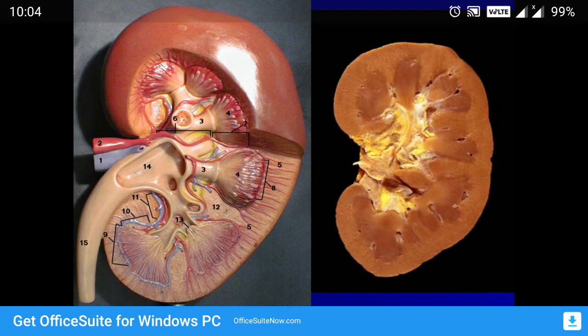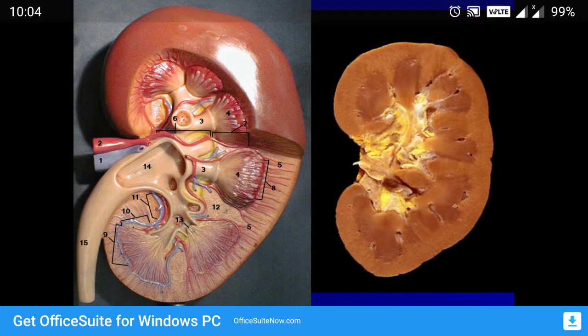The kidney has an outer cortex and inner medulla. In the cortex there is the functional unit of kidney. What is the functional unit of kidney? It is the nephron. Nephron is the functional unit of kidney where the urine is formed.